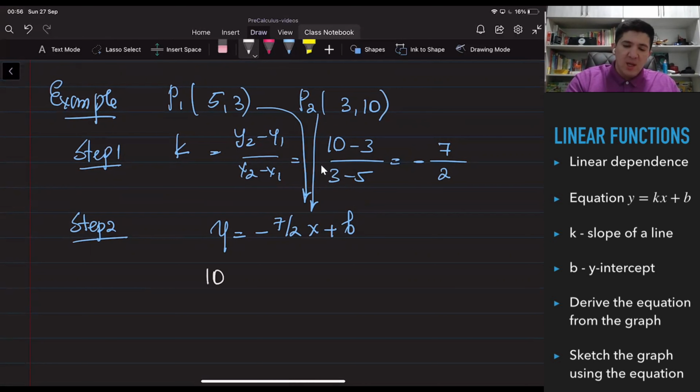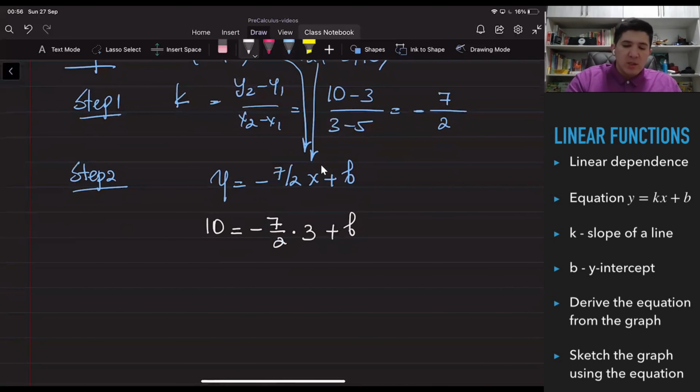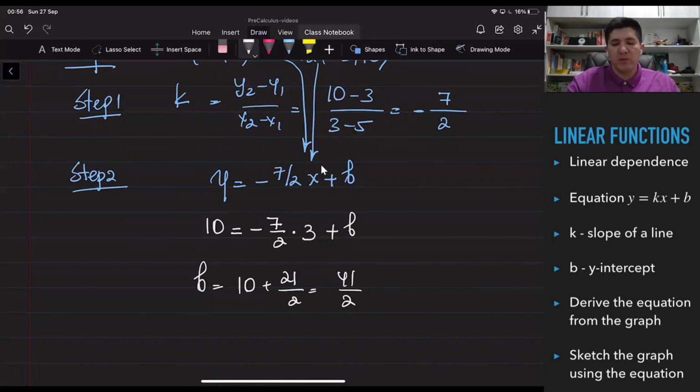It's going to be 10 is equal to minus 7 over 2 times 3, plus b. Then I need to find b, which is more or less straightforward, right? The b is going to be equal to 10 plus 21 over 2, which is going to be 41 over 2. So it's 10 times 2, which is 20, plus 21 is 41.